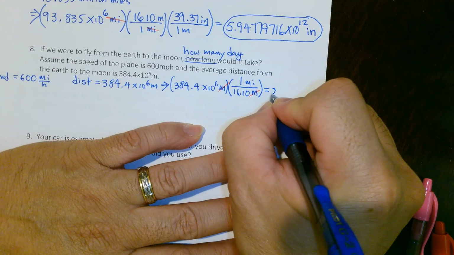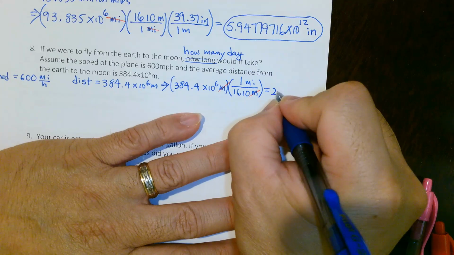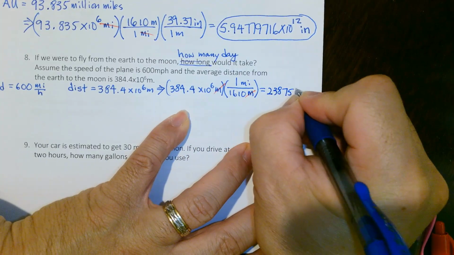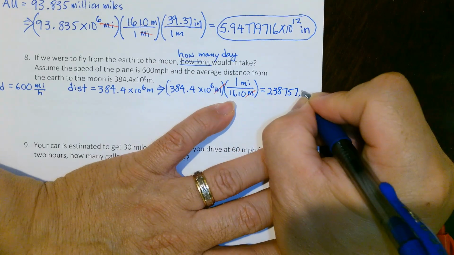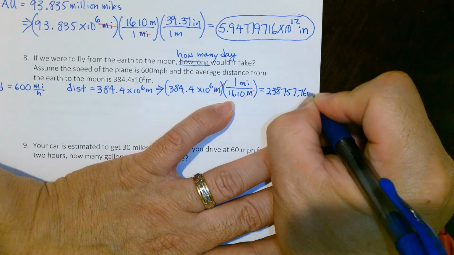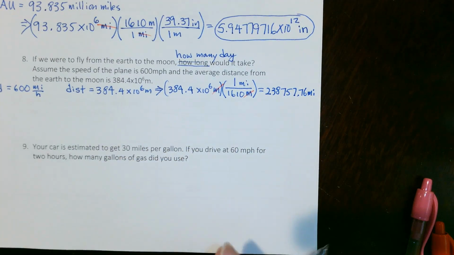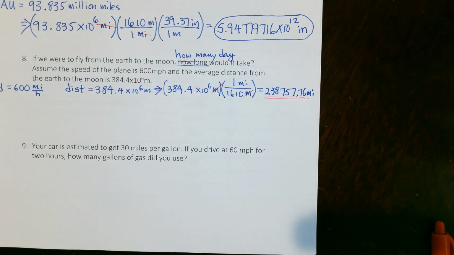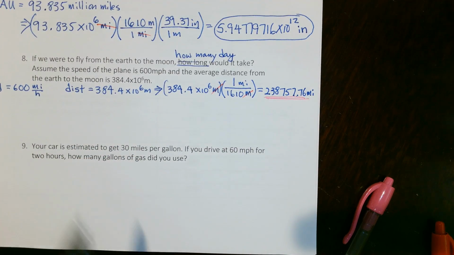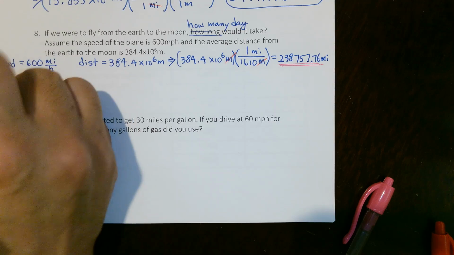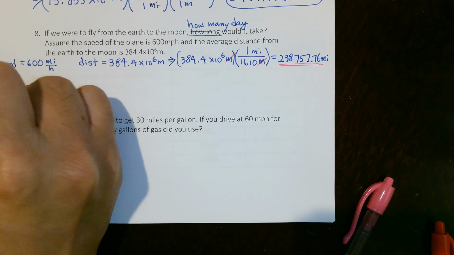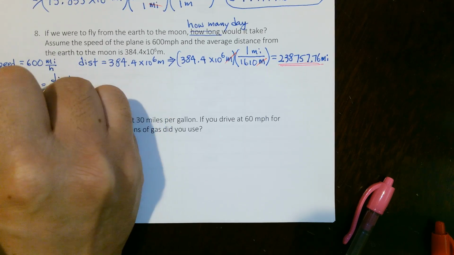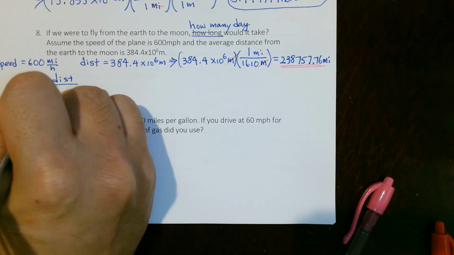And that comes out to, I guess, 238,757.76 miles. So now that we know this, we can simply use that speed is equal to distance divided by time.